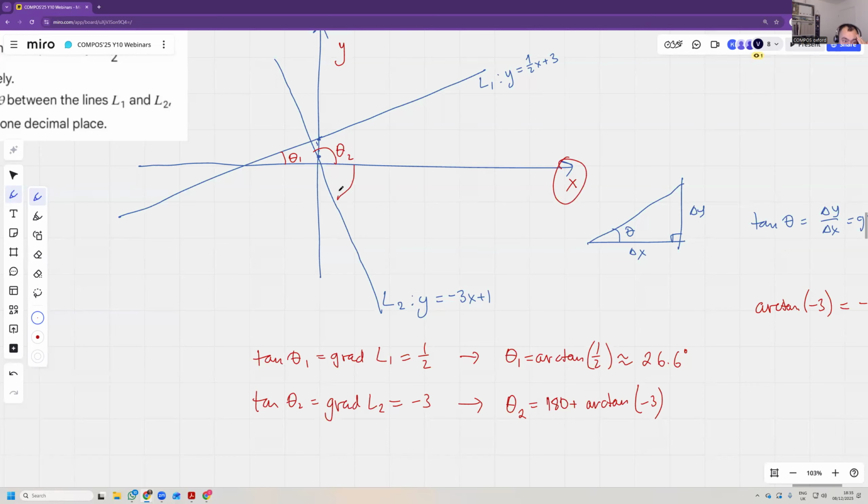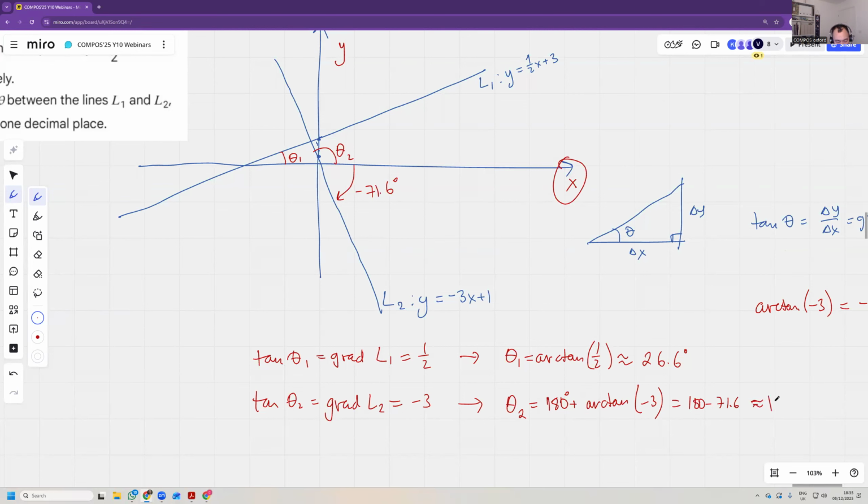Counting clockwise makes it negative, so -71.6 degrees. The easiest way to do it is just to add 180, so it's 180 minus 71.6, which is 108.